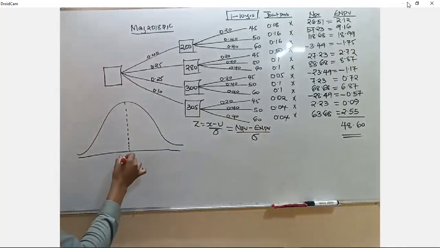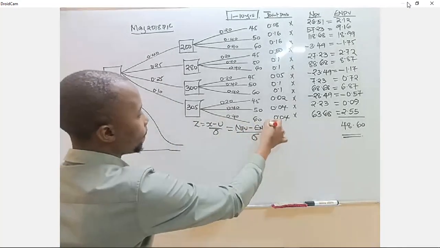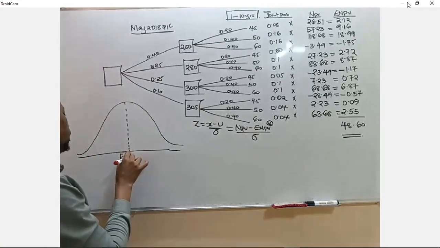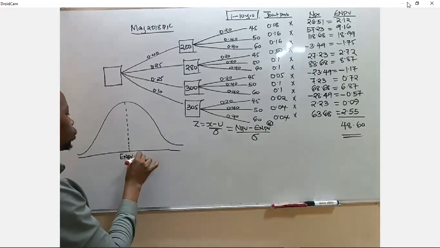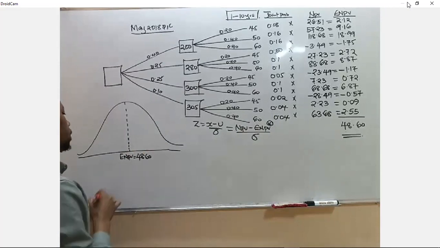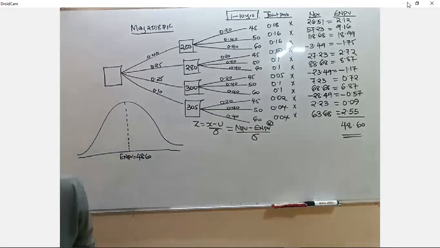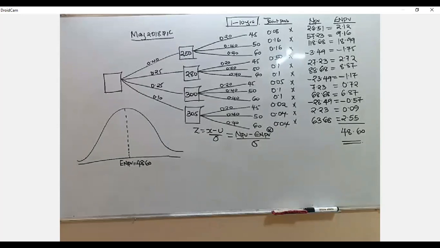So in this case, this one which we call our mean, the expected NPV of ours, we have gotten 48.60. You know our X here is the point away from the mean. But the examiner has already given us what? The point away from the mean. The examiner has said, if the NPV of the project is less than 5 million.